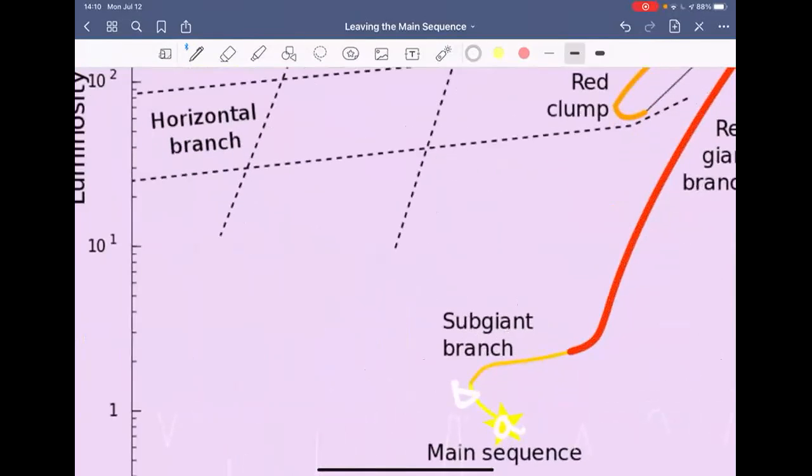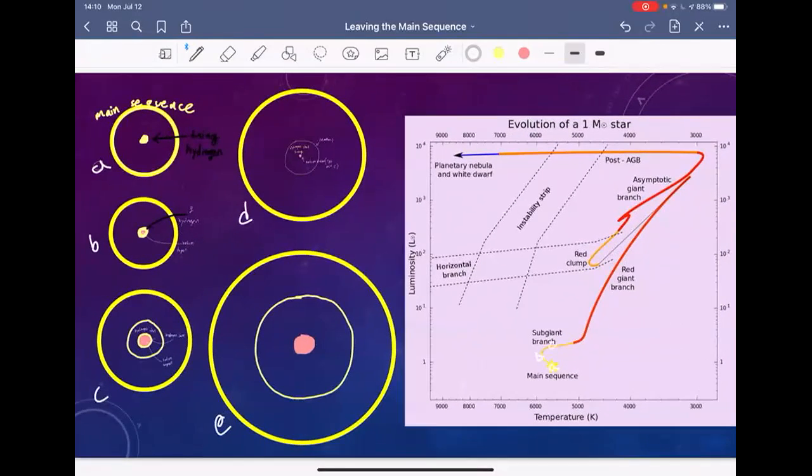Once you reach C, this is where you're on what we call the subgiant branch. This is when you're really starting to run out of hydrogen and the core really begins to collapse. And as a result, that core starts to shrink, that hydrogen shell gets formed, and that creates more fusion all throughout the star, making the star even bigger.